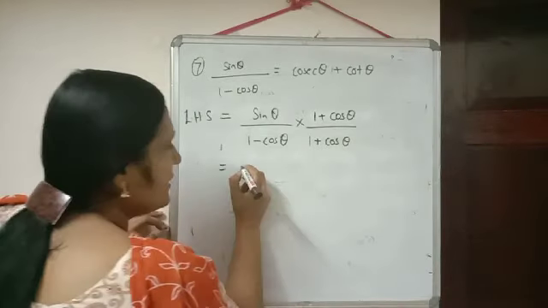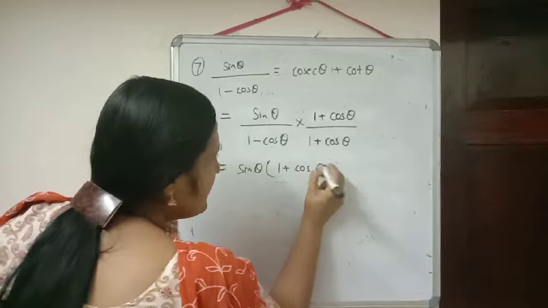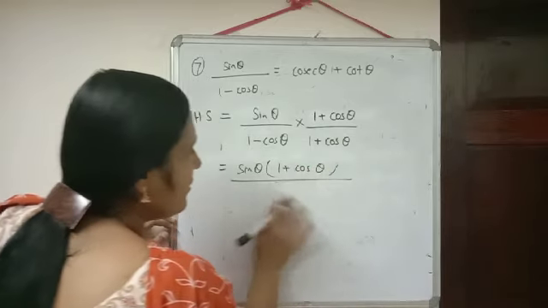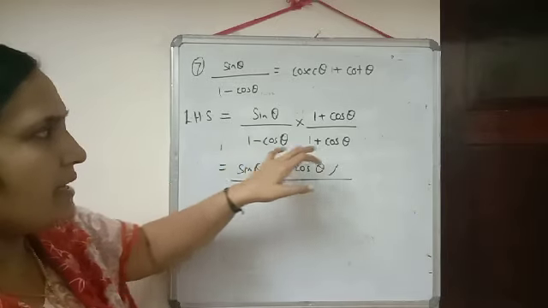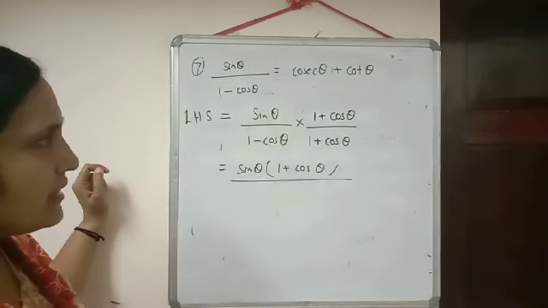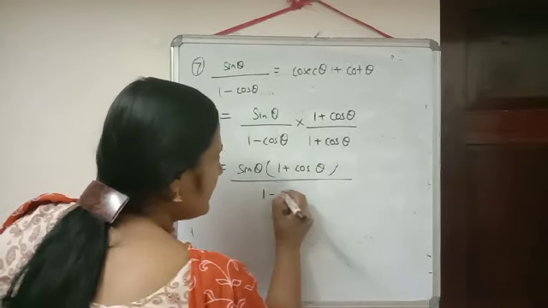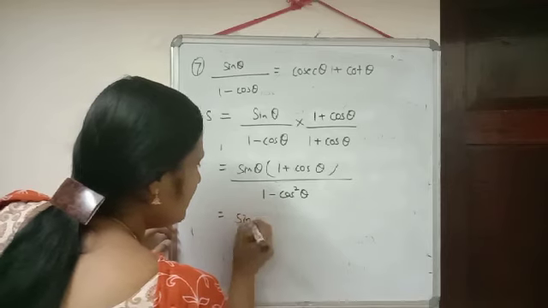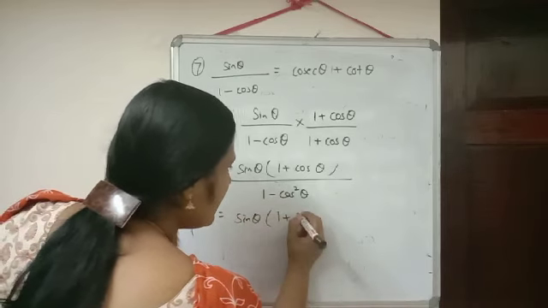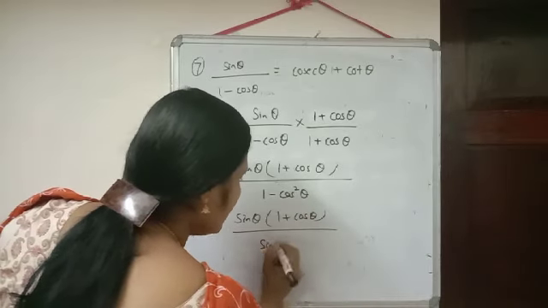So sin theta into 1 plus cos theta by, in the denominator, whenever you are rationalizing, it will come in terms of a minus b into a plus b, which is equal to a square minus b square. Then we will get here 1 minus cos square theta. And do you know what is 1 minus cos square theta? Yes, it is equal to sin square theta.